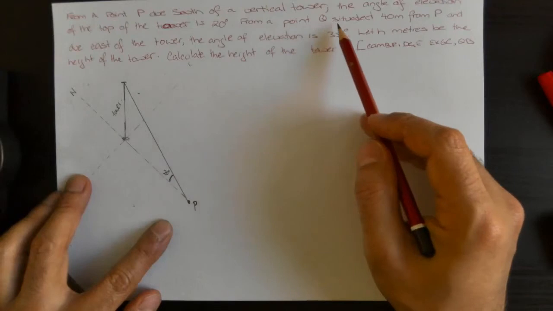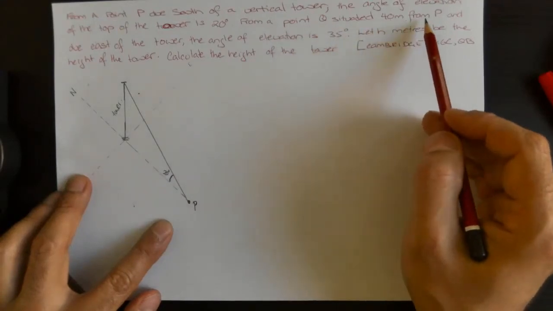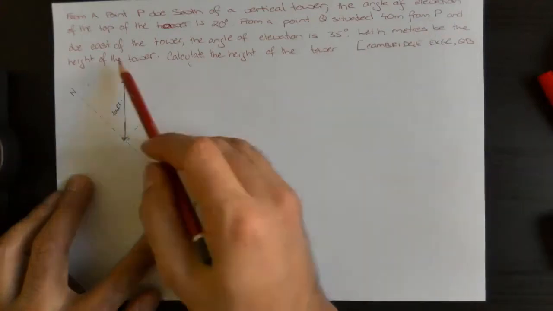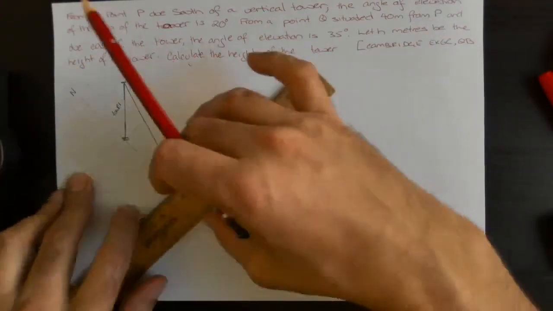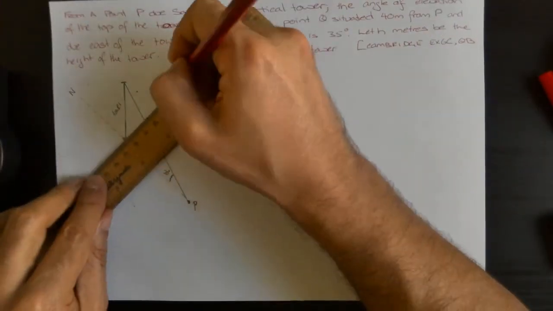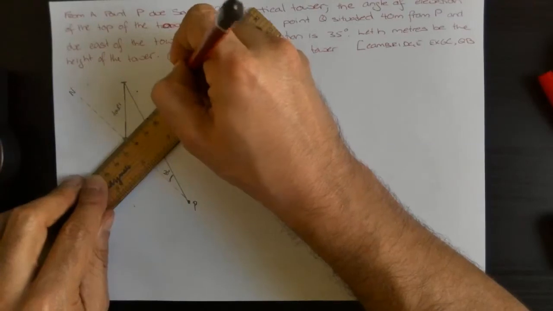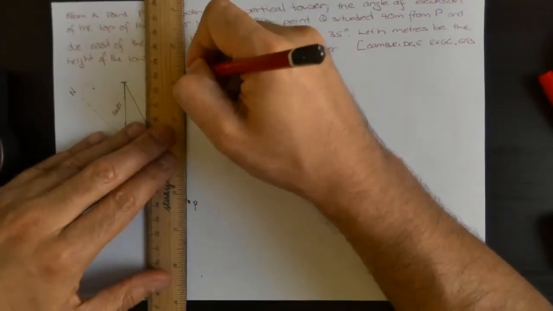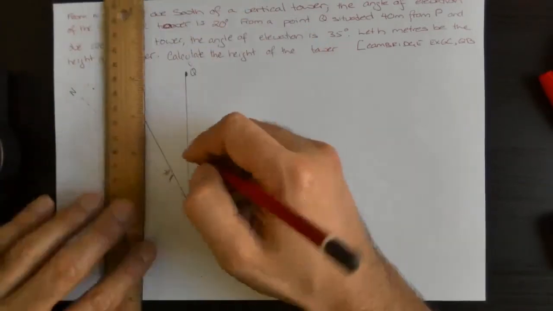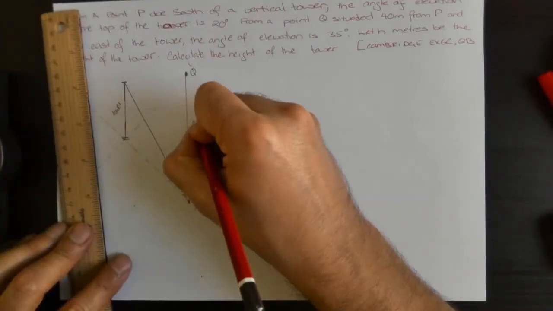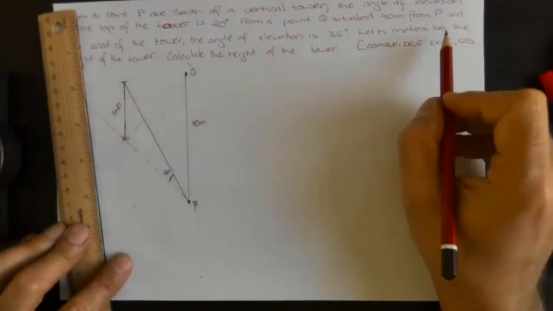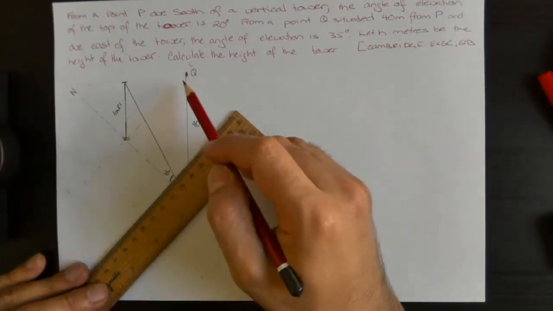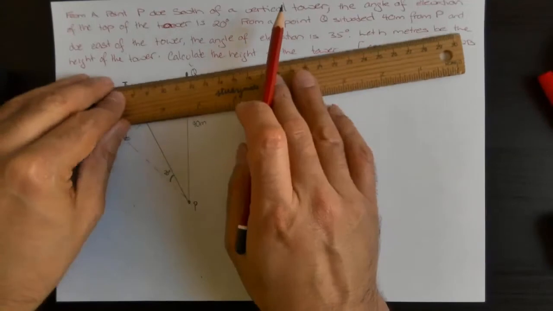From a point Q situated 40 meters from P and due east of the tower. So I have this point over here, which is now Q. It is 40 meters from P, and due east of the tower, the angle of elevation is 35 degrees.